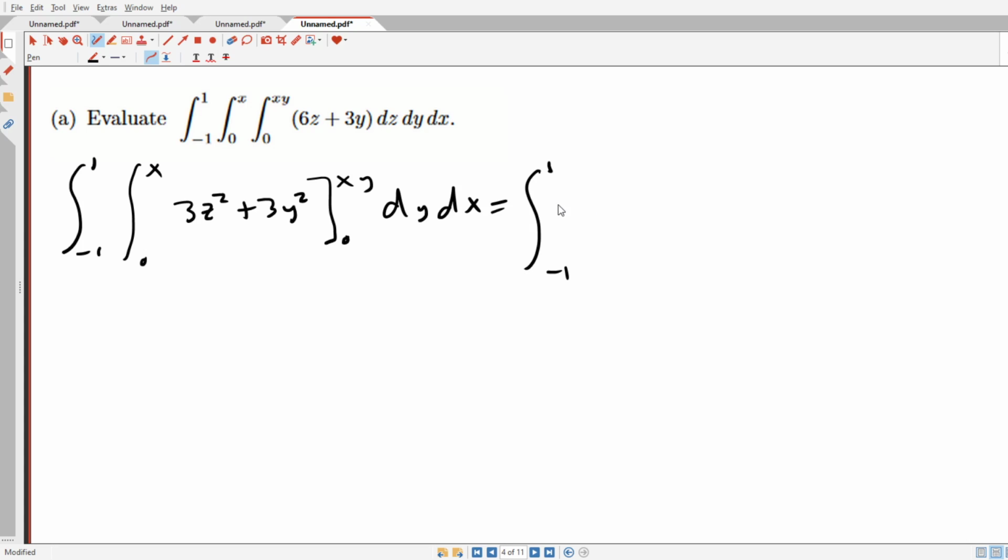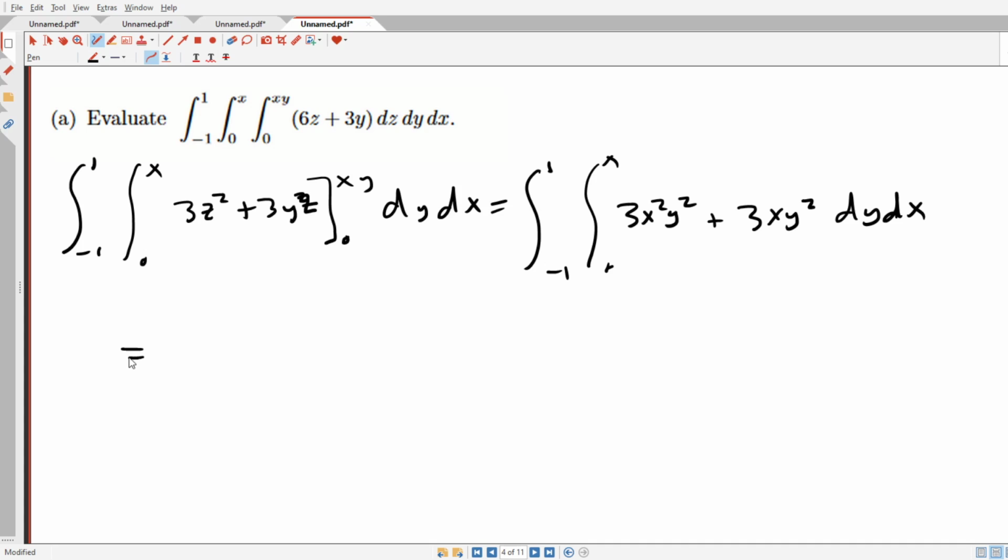Which is the integral from -1 to 1, 0 to x. So we have 3x squared y squared plus, this is z, 3xy squared. And at 0, we just get 0 for both of them. I can factor out the y squared, but that doesn't really do me much.